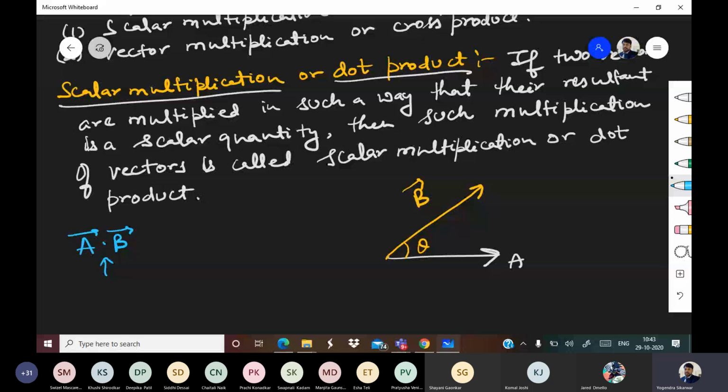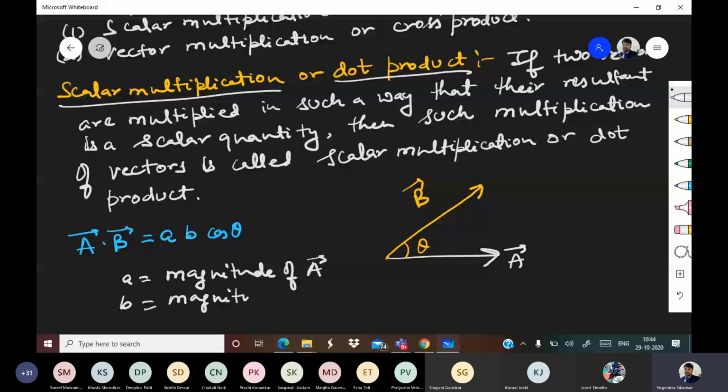Or you can take small a as the magnitude of a, so a into b into cos of theta. What is small a here? Small a is the magnitude of a vector. What is small b? The magnitude of b vector.